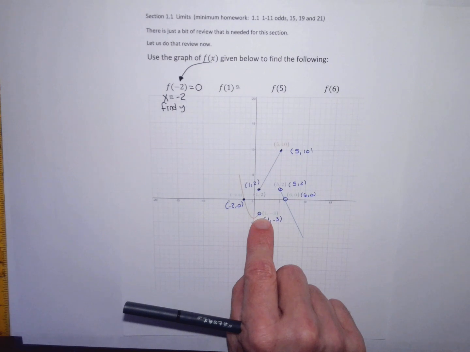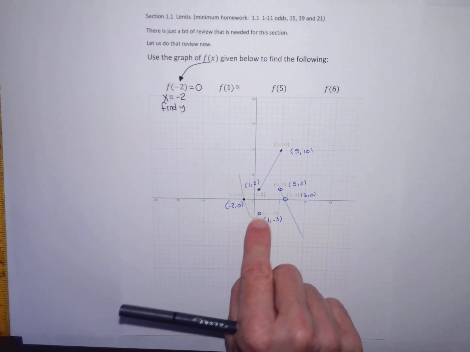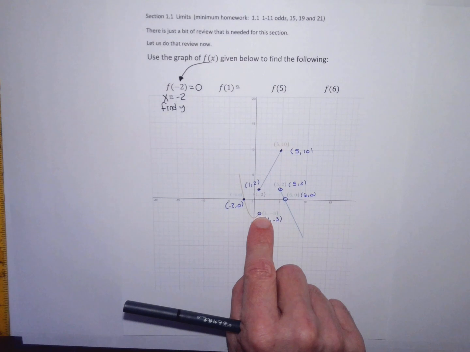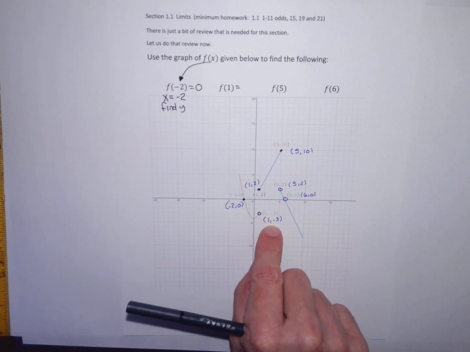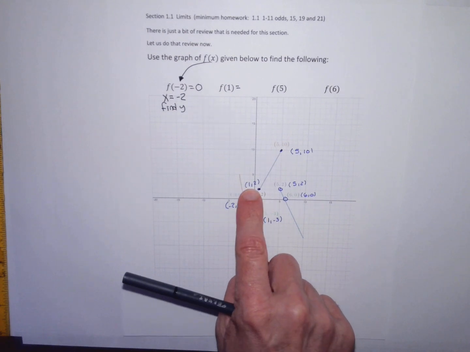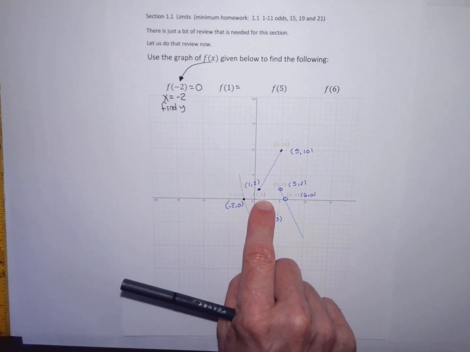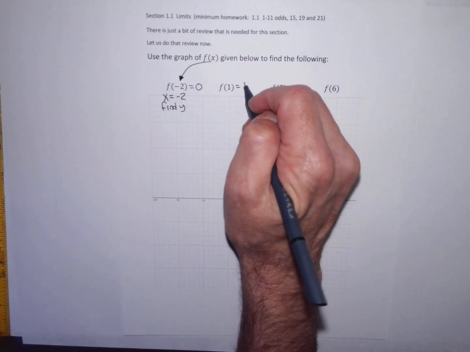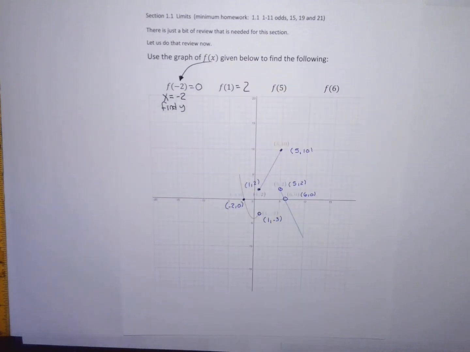They're just kind of the edge of a graph. Here, it's the left edge of the bottom part of this graph. Because it's marked with an open circle, the point 1, -3 is not considered a point on the graph. The only point on the graph of the function that has an x coordinate of 1 is the point 1, 2. And the answer to what f of 1 is going to be 2.